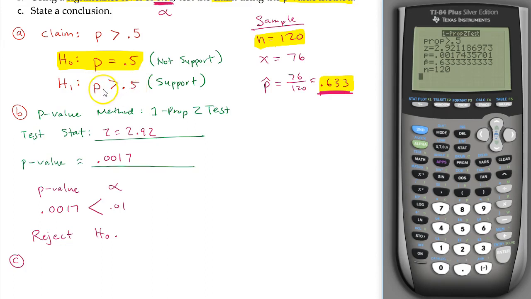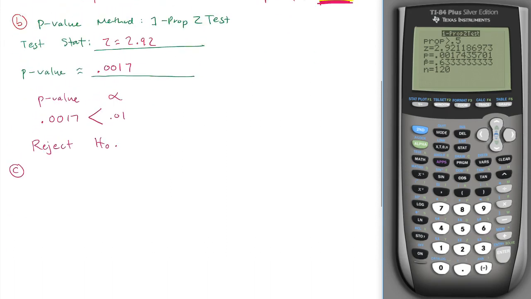And because the alternative happens to be the same as the claim, we are going to support the claim. So here's our conclusion. There is sufficient evidence to support the claim.